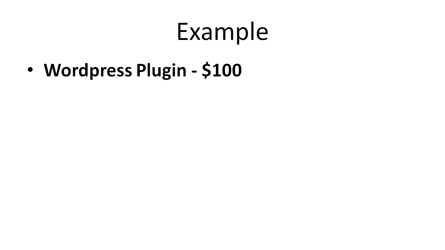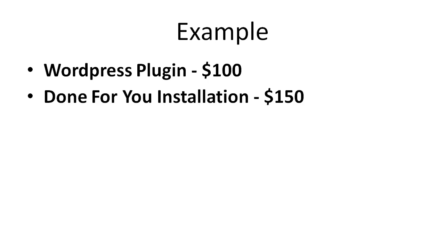So let me give you an example, just sticking with that example that we've been talking about in the previous videos. So the WordPress plugin is $100, right? We'll say that the objection is time. So if the objection is time, then done for you packages are probably going to sell like crazy.